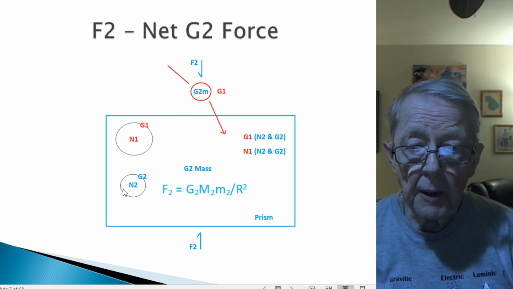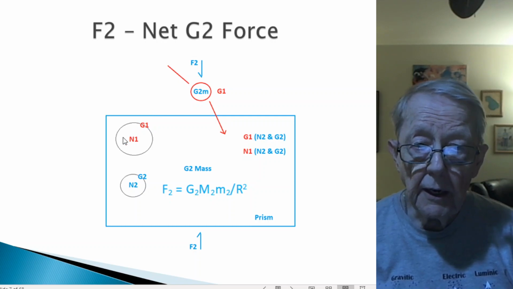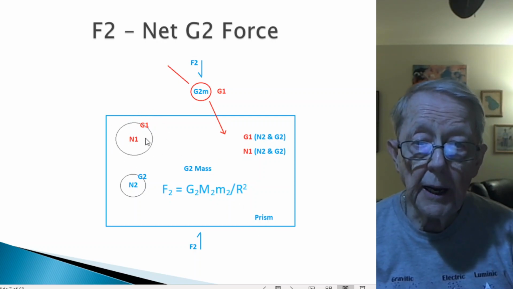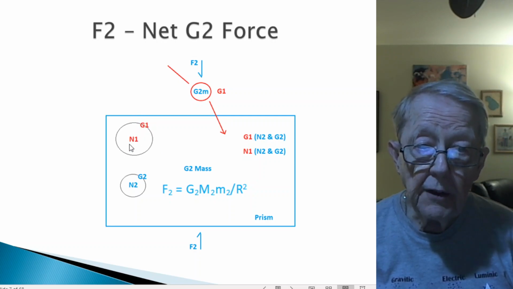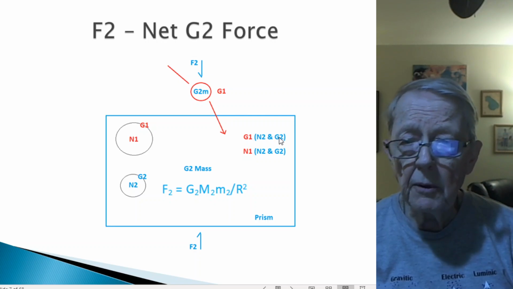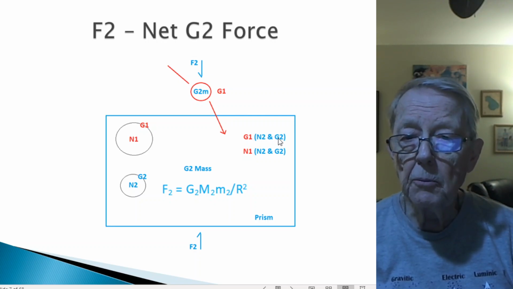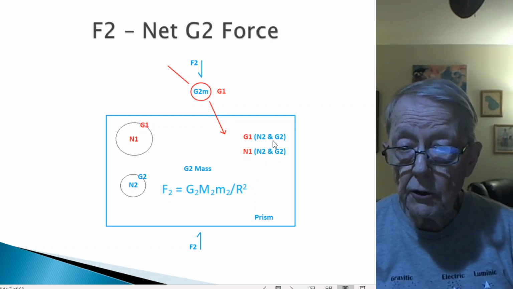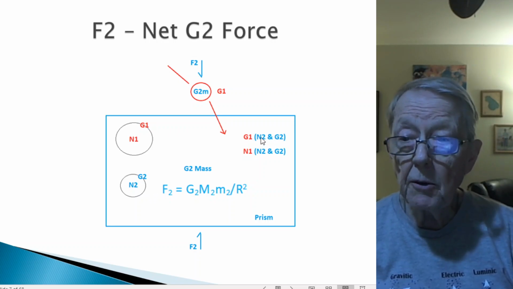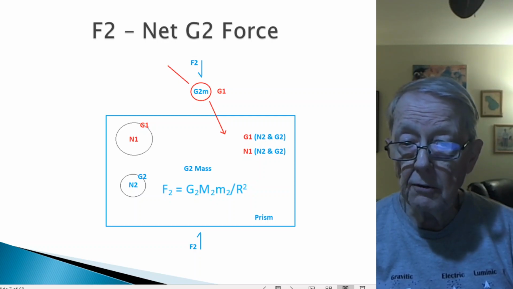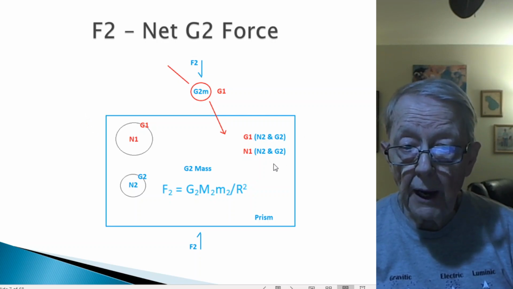Here's a subatomic atom with an N2 nucleus and a G2 orbital. Here's a level 1 atom. The glass, the prism, is made out of these atoms, but inside the G1 and the N1, the G1 has a huge number of N2 particles and G2 particles, and the N2 particle is bigger than the G2, so it's going to hit it more often. It becomes a major part of the G2 mass of the prism.